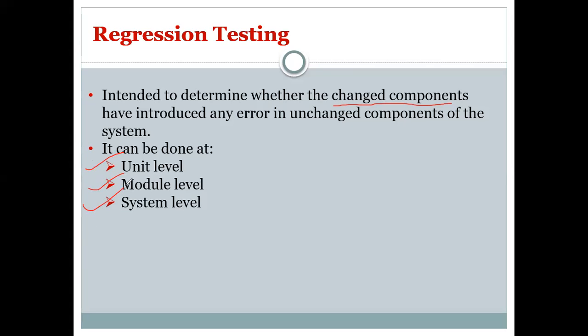Okay, then module level. It is the combination of many units. If any kind of interdependency is there among modules, then that dependent module or dependent unit you have to check. And third is system level. At system level you are going to check your particular product.